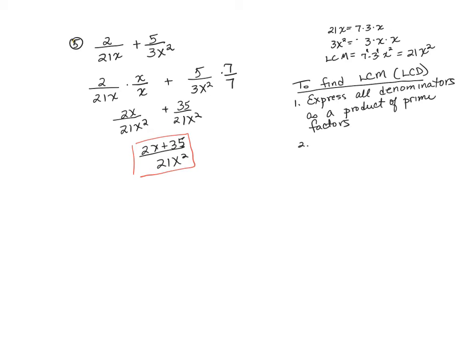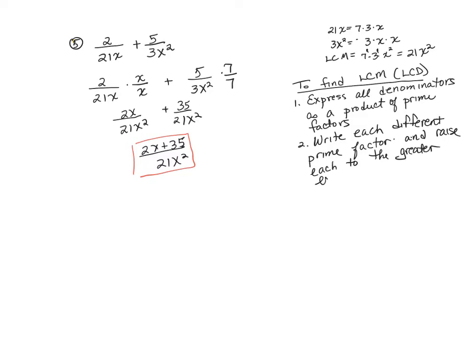Then we list, write each different prime factor that appears and raise each to the greater exponent. And then, of course, find the product, which is your least common multiple.